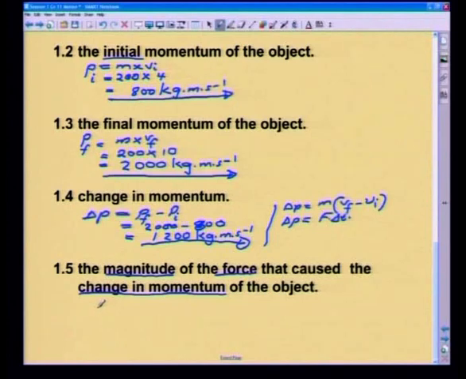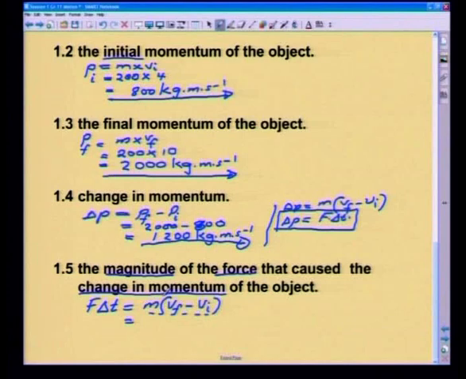Now, you would have to understand that to answer this question, F delta T equals change in momentum, m into v final minus v initial. We have calculated this, this is the change in momentum, so we can substitute straight away.